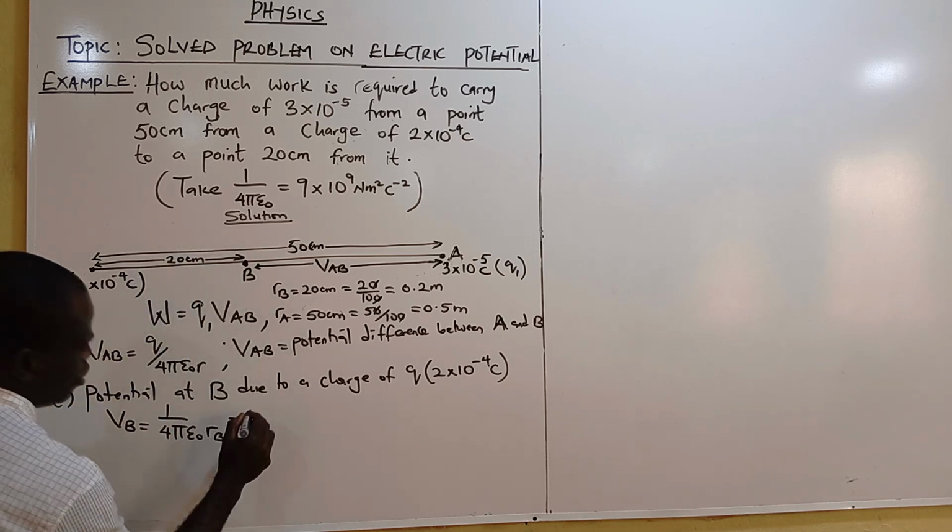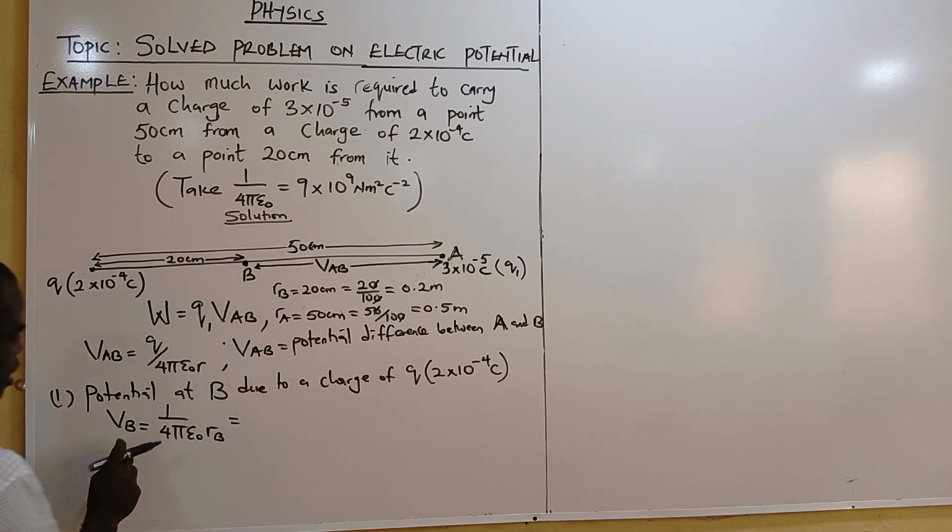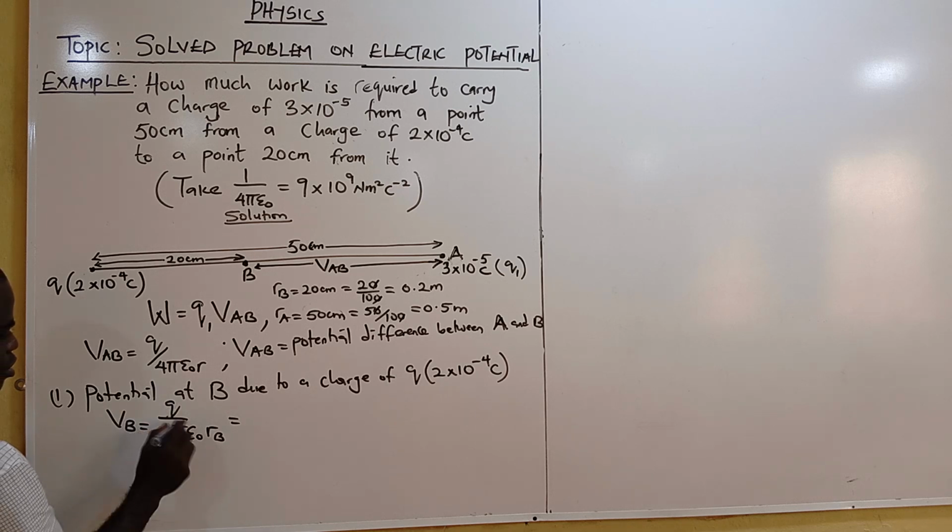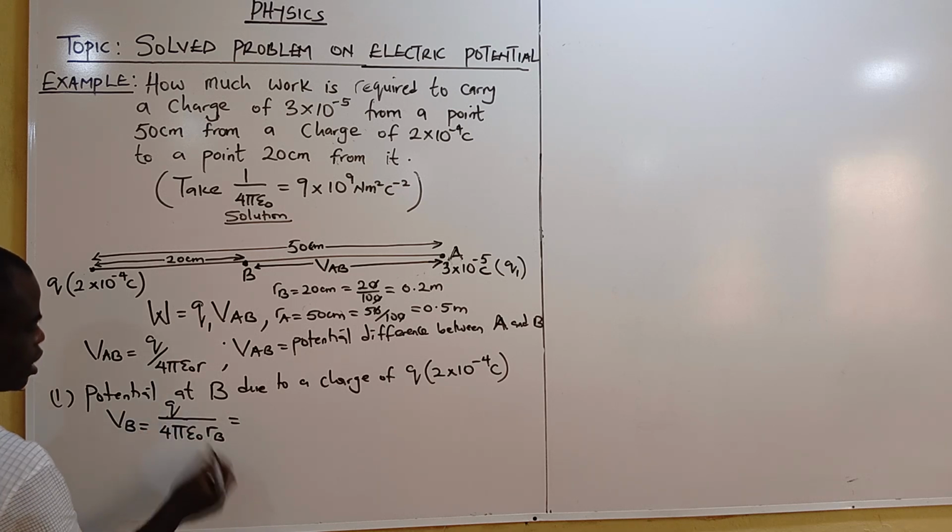Now, let's separate them. There will be Q here, VB is Q over 4 pi E naught RB.